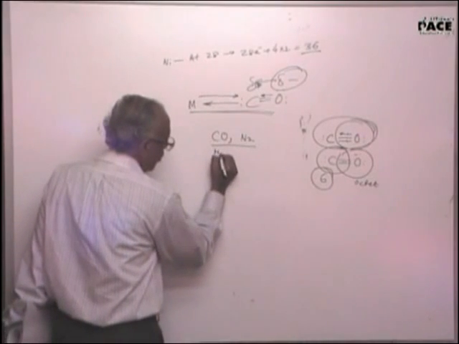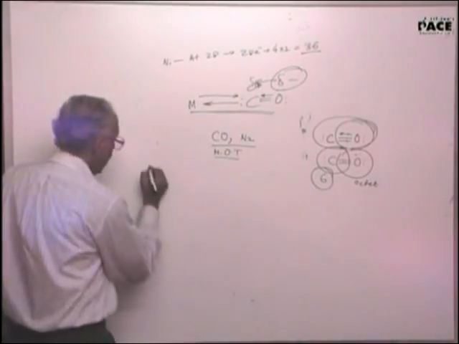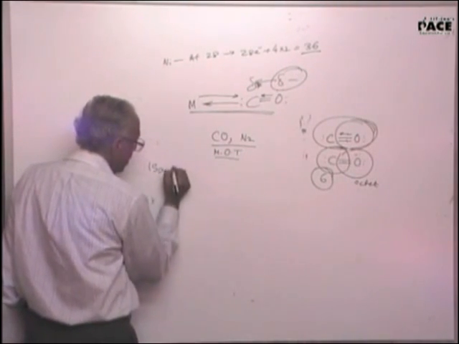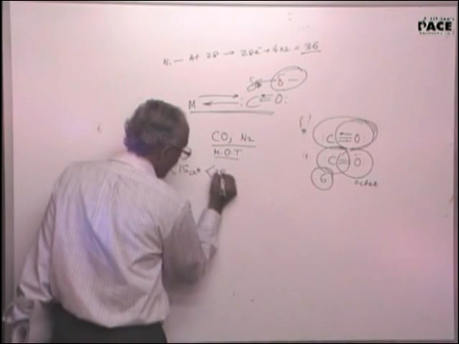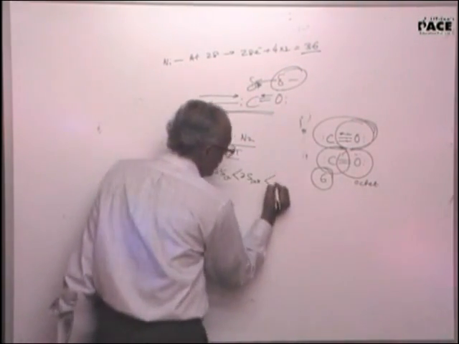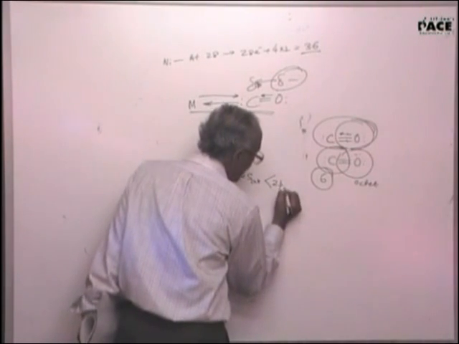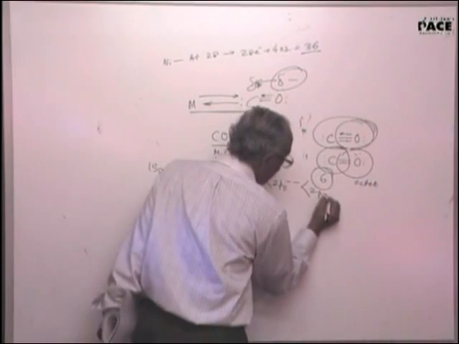You have done molecular orbital theory? Yes, sir. So 1s sigma is less than 1s sigma star. 2s sigma is less than 2s sigma star. 2p pi is less than 2p sigma.